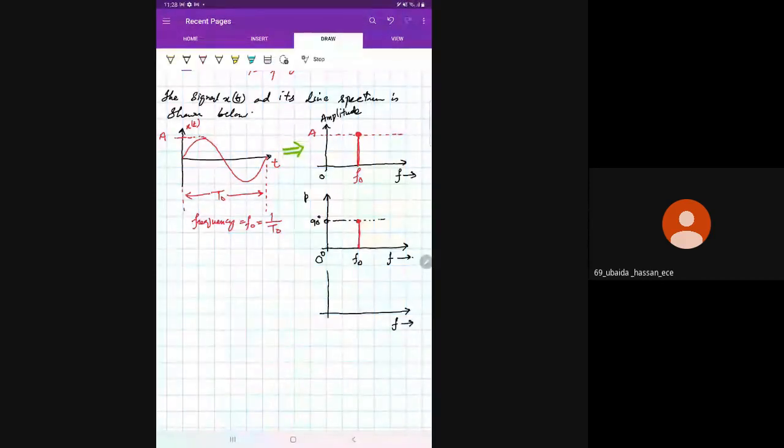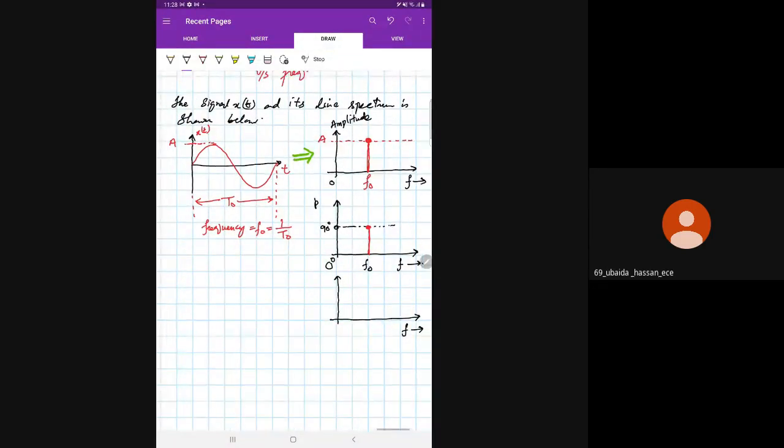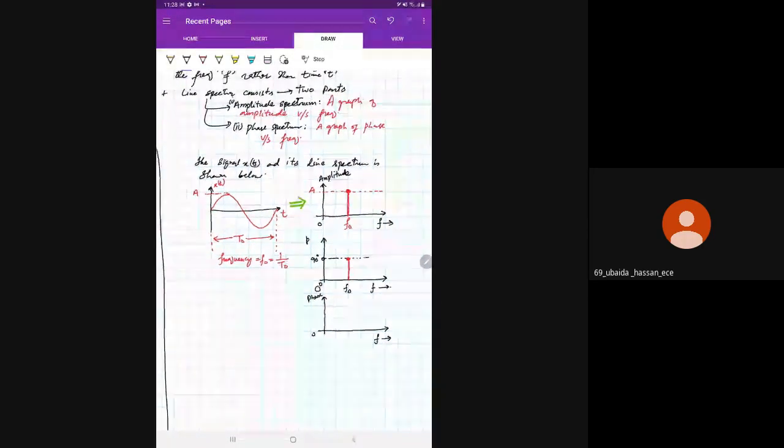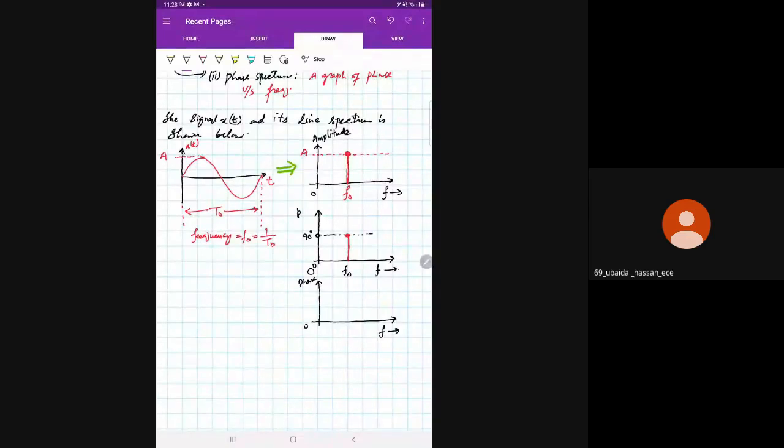In real sense, we'll draw only one graph, since phase will be only one finite value, either 0 or 90 or whatever. I'll tell you what the phase will be. But right now I have drawn two different phase spectrum diagrams. If phase is 90, then this one is true. So in this signal, phase phi is equal to 90 degree.